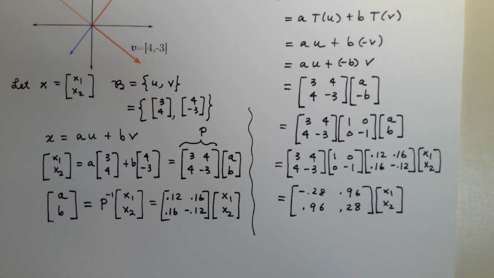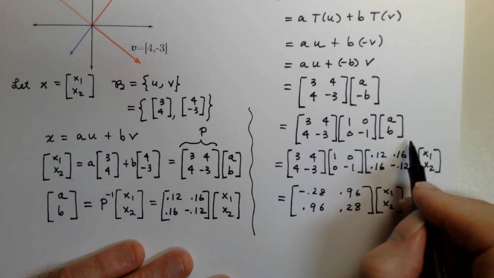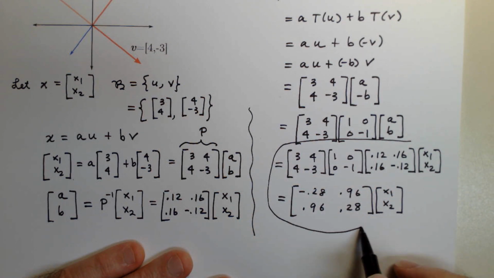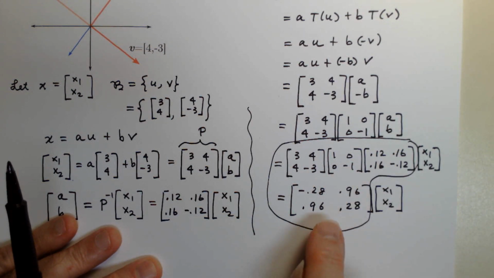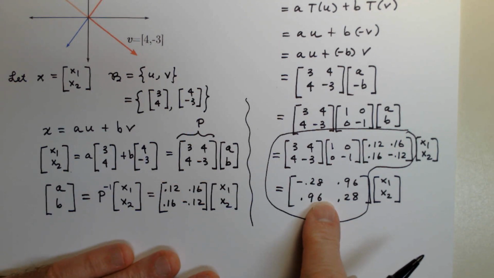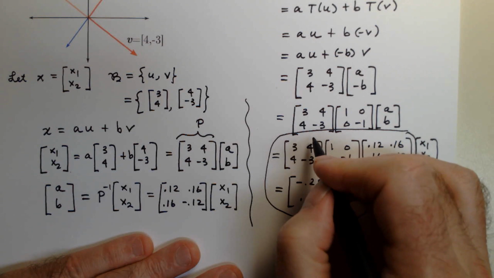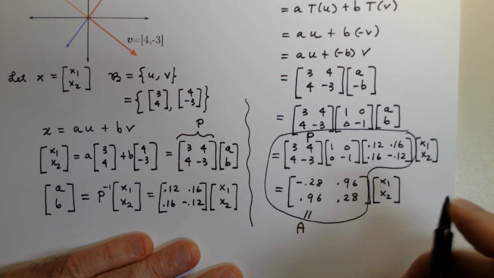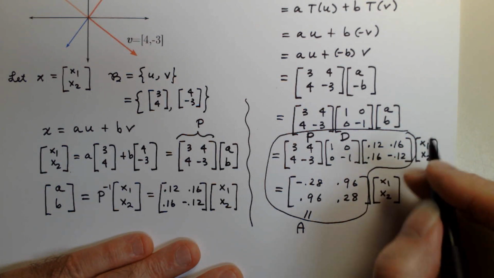And one of the things I want to draw your attention to, and this will be important as we go forward, is that the product of these three matrices is equal to that matrix. So if I call this matrix A, this is the matrix P. I'm going to call this diagonal matrix D, and I'm going to remind you that this matrix here is P inverse.